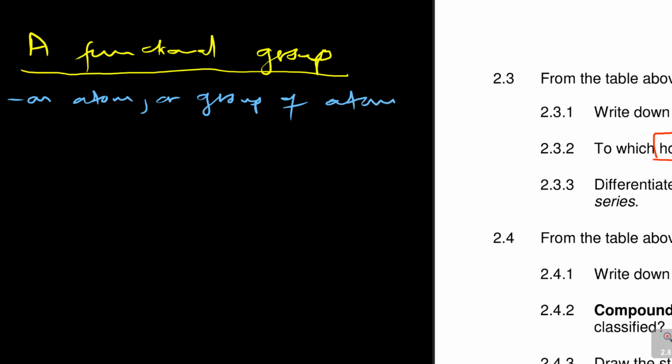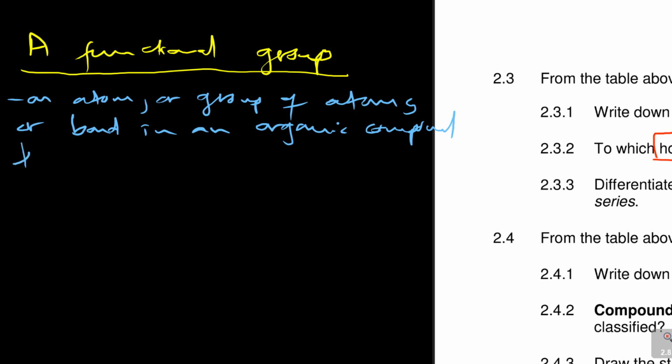Remember, it can be one atom or group of atoms or a bond. It can be a bond. Okay, an atom or group of atoms or a bond in an organic compound, right?